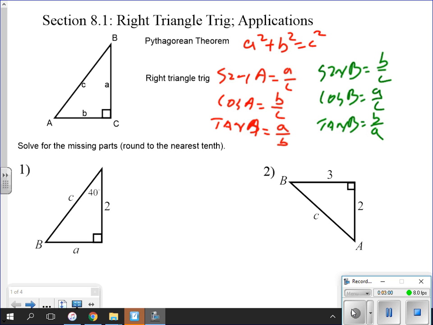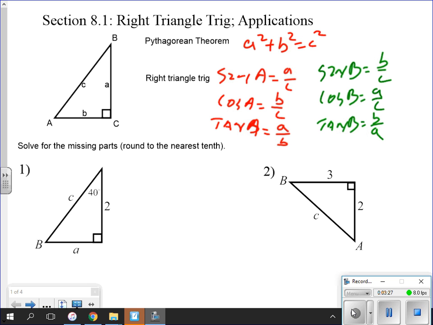If you have one side and any one of the other remaining parts, you can find everything else, whether it's another angle, one of the two non-90-degree angles, or one of the other remaining sides. The nice thing about right triangles is it's very easy to do that.